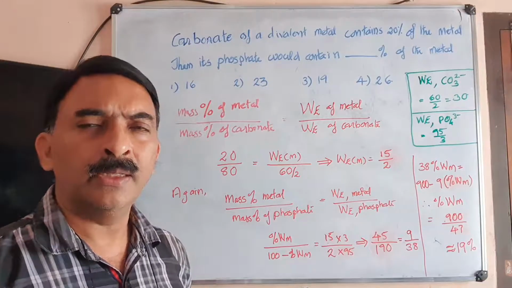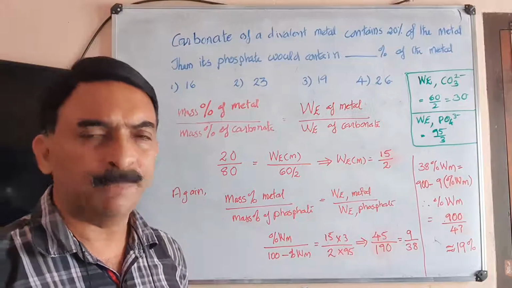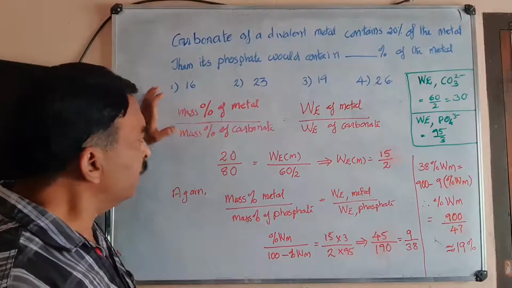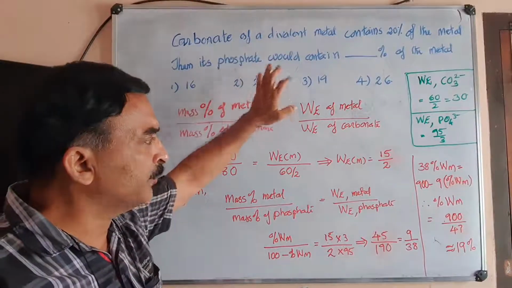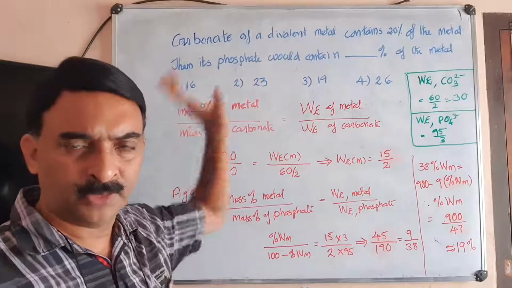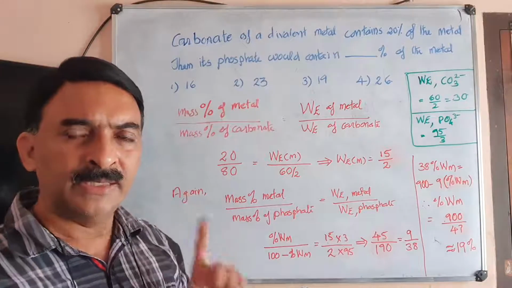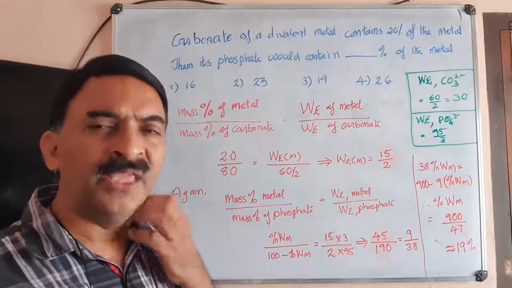Here the equation we apply is mass of metal by mass of carbonate equals equivalent mass of metal by equivalent mass of carbonate. This is called the law of equivalence.